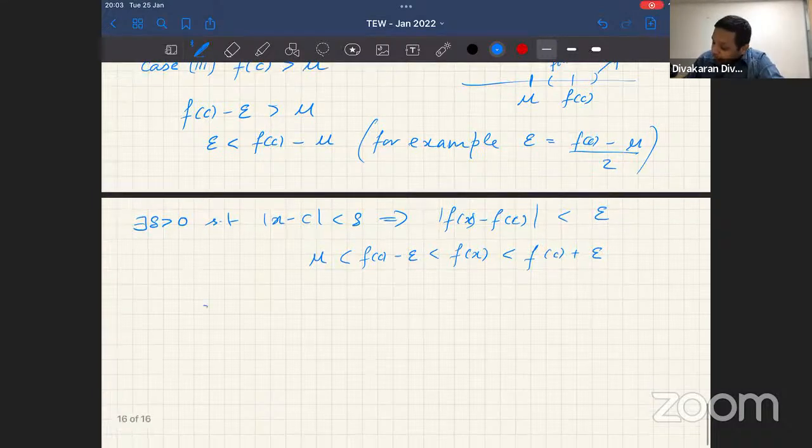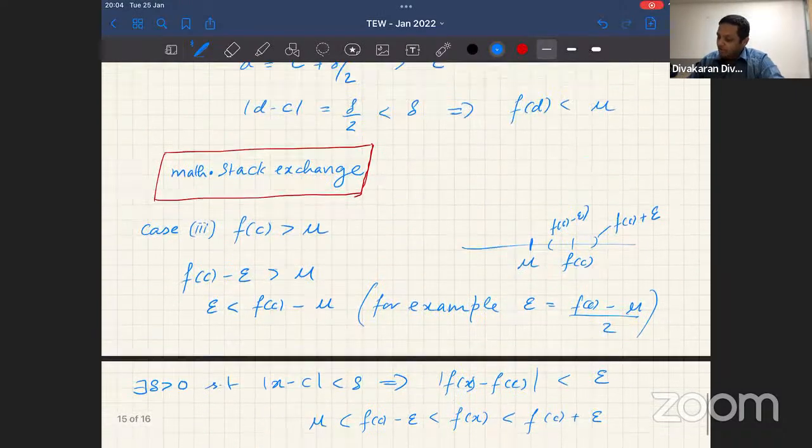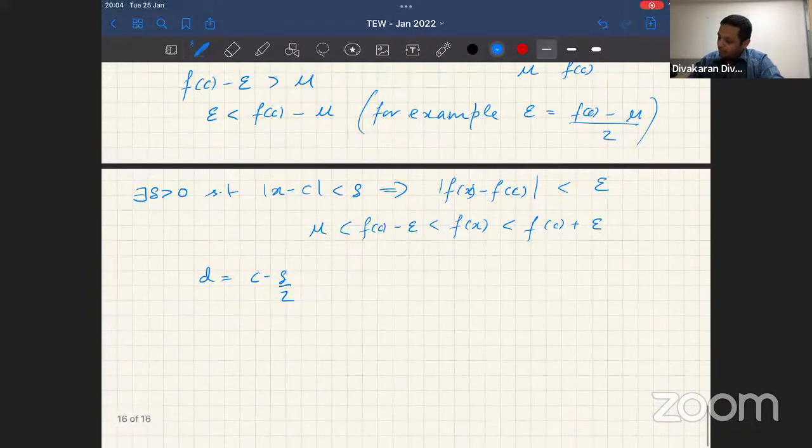So now we have to take a d, right? What d do we take? We take d to be equal to c minus delta by 2, as before. This is strictly less than c.